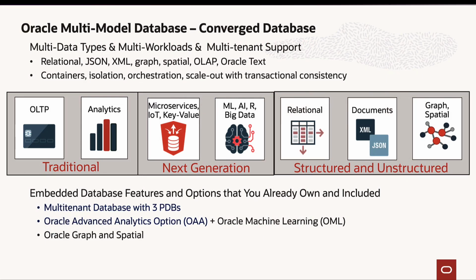Oracle's multi-model converged architecture supports multiple data types, data models such as spatial, graph, JSON, and XML, and algorithms such as machine learning, graph, and statistical functions, and workload types such as operational and analytical within a single database.